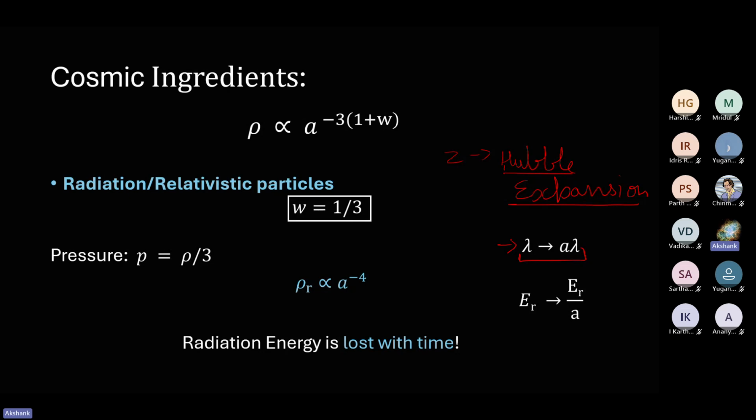Their wavelength is increasing as the space is also expanding. And because of that, the energy of these particles is decreasing. This is essentially what redshift is. The energy is decreasing, so it is becoming redder. And how much does the energy decrease? It decreases by a factor of A, the scale factor.